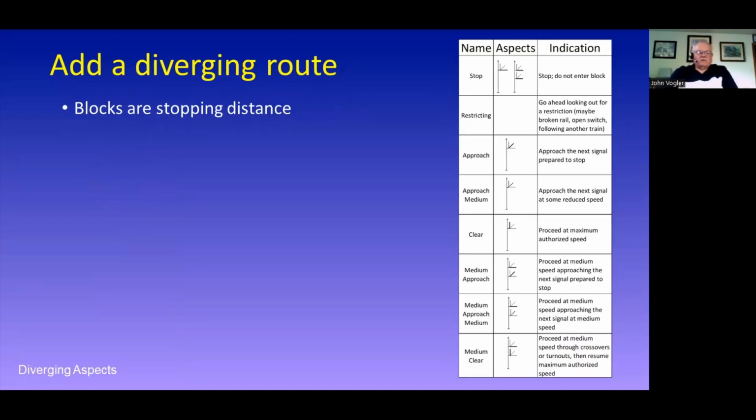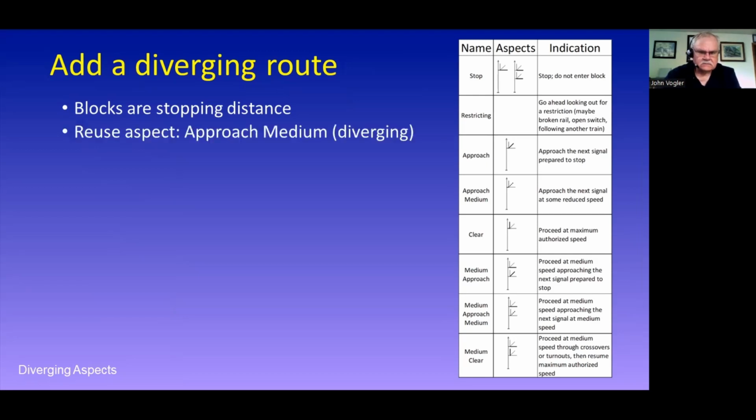So now what we'll do is talk about some interlocking signals. We're going to add a diverging route to the design that we've already come up with. So we're going to have some more aspects. We're going to reuse the approach medium for a diverging, because we've already said approach at some reduced speed, so the rule book would define it. I'll discuss that a little more later on with some rules discussion.